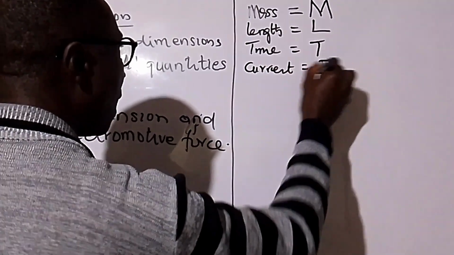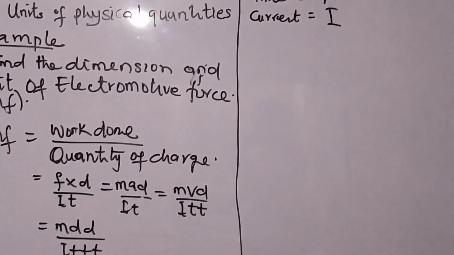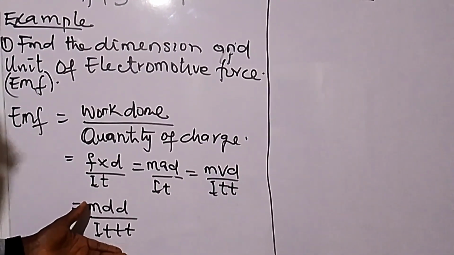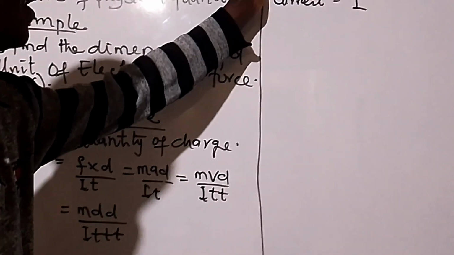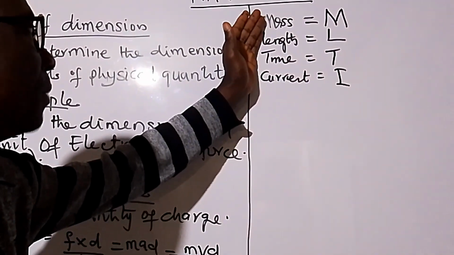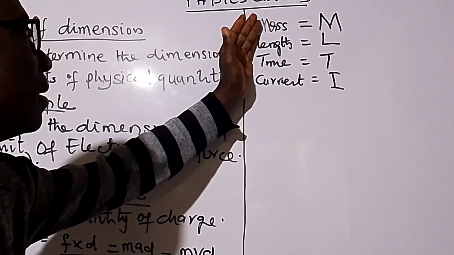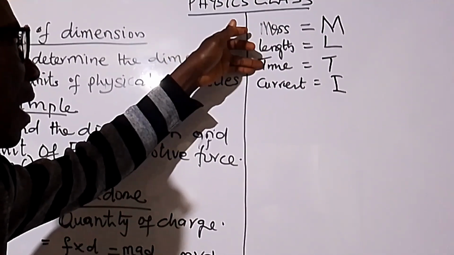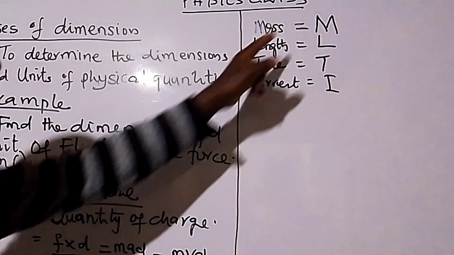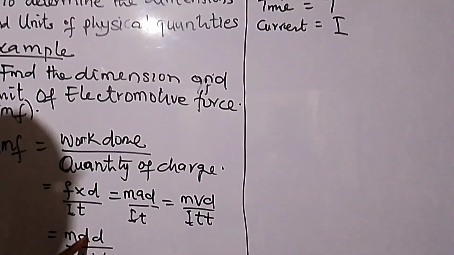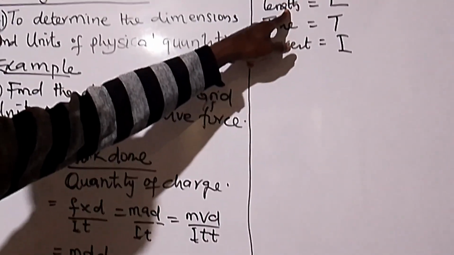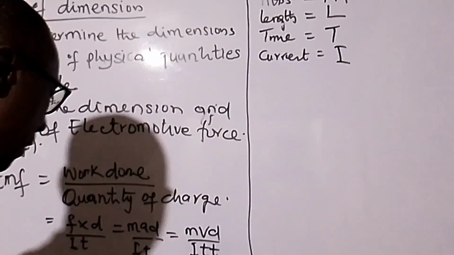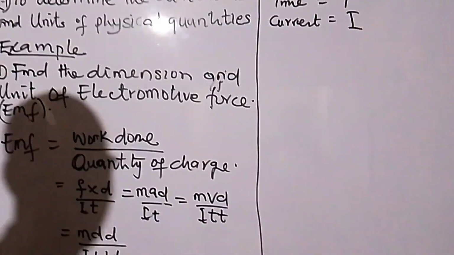And the dimension for current is capital I. Now, you can now say that from the series of fundamental quantities that we have here, these are the basic fundamental quantities that they can be related to, that is mass, length, time, and current. Mass, capital M. Displacement, equivalent to length, capital L. Distance, also length. Time, capital T.